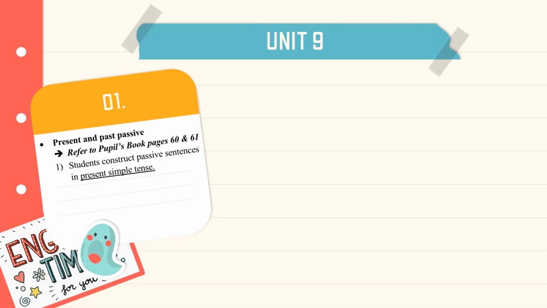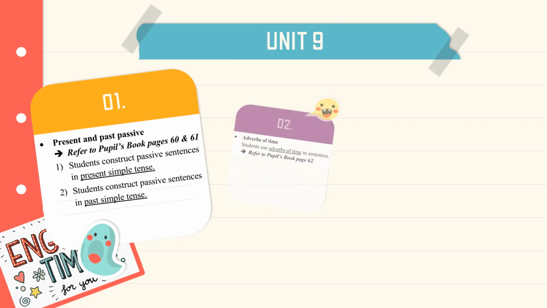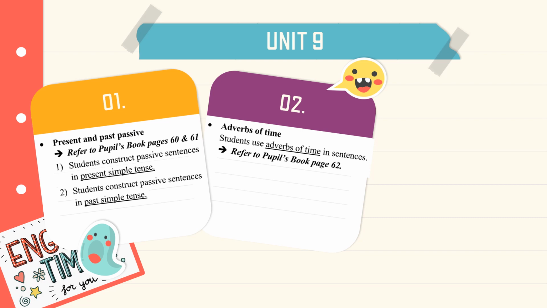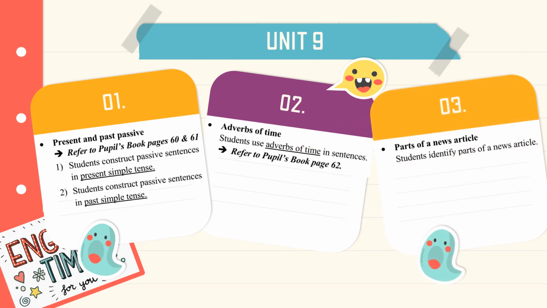Here you need to construct passive sentences in present simple tense and construct passive sentences in past simple tense. The second stop is the adverbs of time. Here you need to use the adverbs of time in sentences. Look at your pupil's book, page 62. And the last stop is parts of a news article. Here you need to identify parts of a news article.